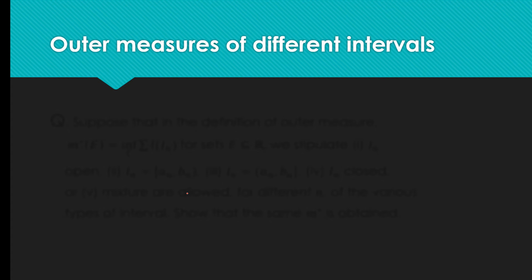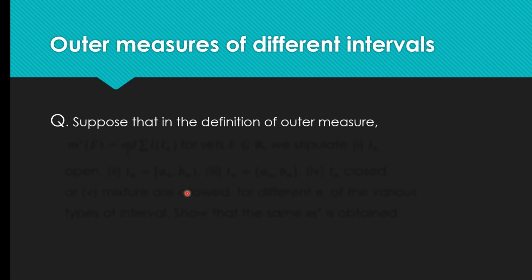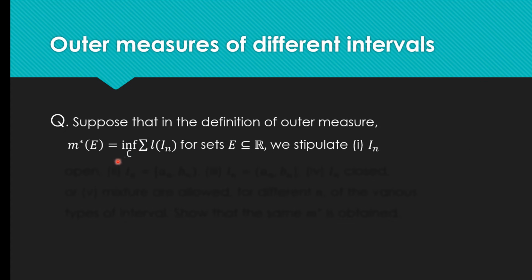So let us see. Coming back to the definition of outer measure m star E, we define the infimum over the collection C of covers, of the sum of the lengths of In. The cover consists of intervals, and the interval is closed on the left and open on the right.